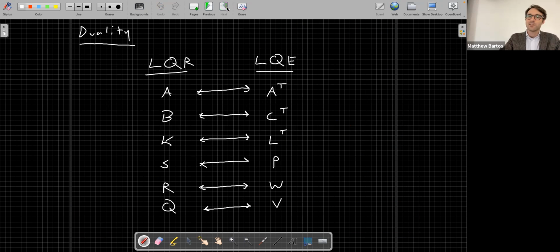So you'll actually see if you go through for LQR, the equations are the same, except in the LQE problem, A is exchanged for A transpose, B is exchanged for C transpose, K is exchanged for L transpose. The cost matrix in LQR, S, is exchanged for the error covariance matrix P, and the input and state costs are dual with the measurement and process noise. Okay, so just an interesting duality between the two.